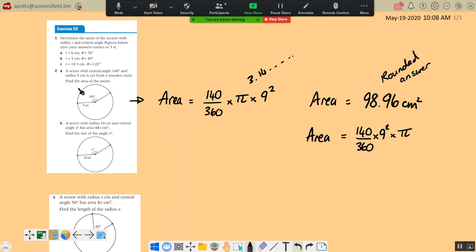It might not be still accurate in this case, but just to show you, if you just do the numbers, this bit here, what do you get if you do that and not multiply by the pi?